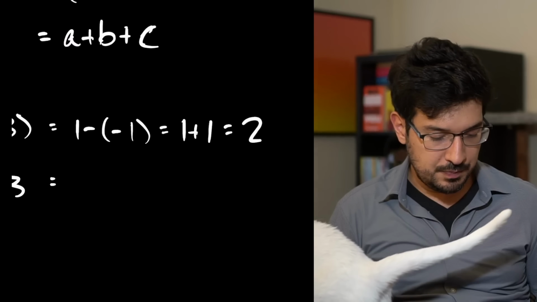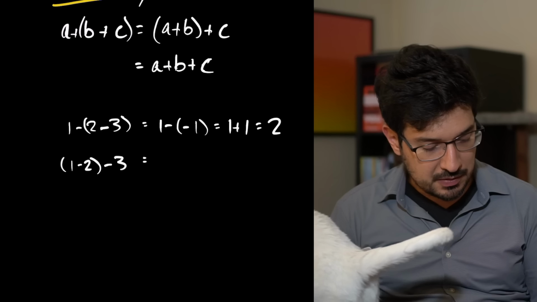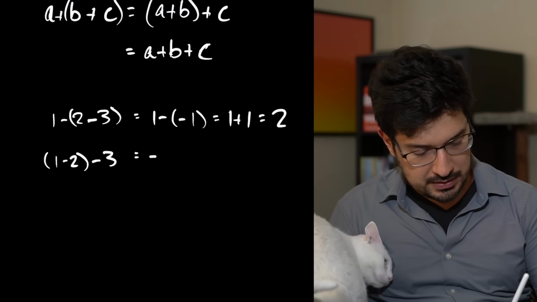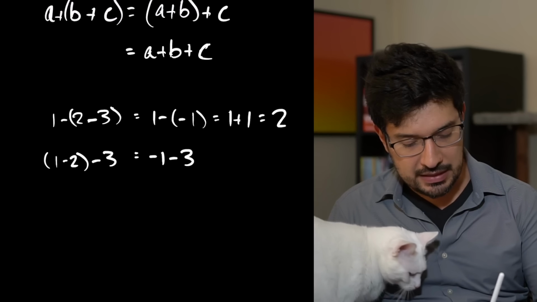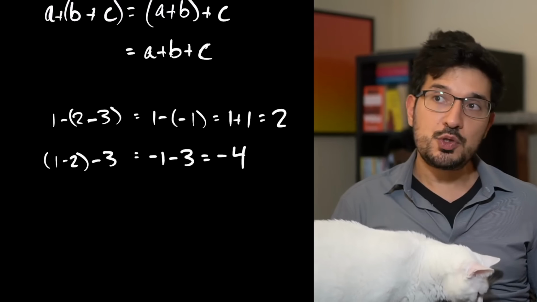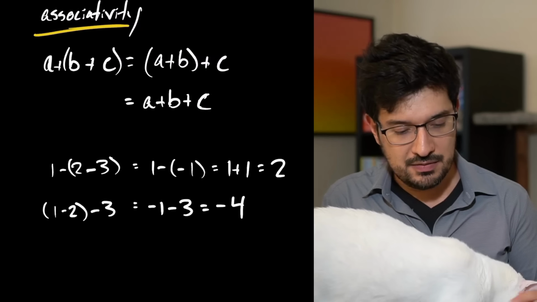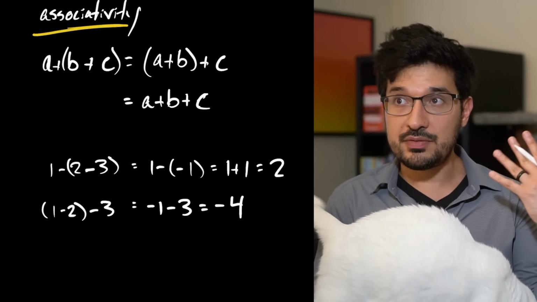This is 2, right? The second line, though, we have 1 minus 2 is -1 minus 3. -1 minus 3 is -4. So subtraction, again, is non-associative, if you think of subtraction as an operation.